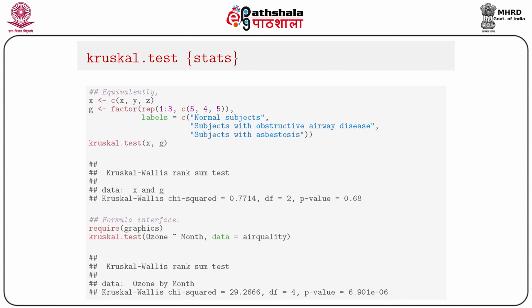That will give you the Kruskal-Wallis test results. This is a third way of using Kruskal-Wallis. Here the p-value is much lower than 0.001, and the Kruskal-Wallis chi-square statistic value is 29.266 and degrees of freedom is 4. These are the few statistical tests and non-parametric statistical tests I covered in this module.